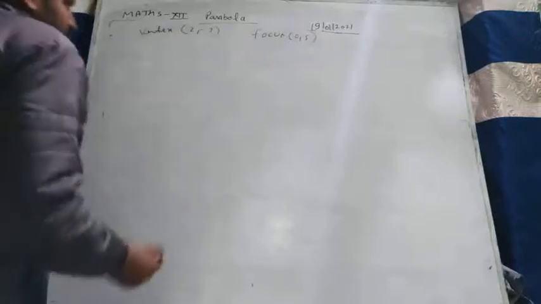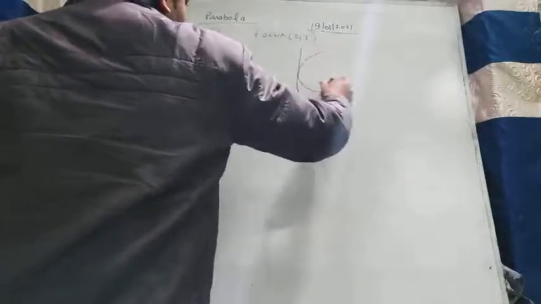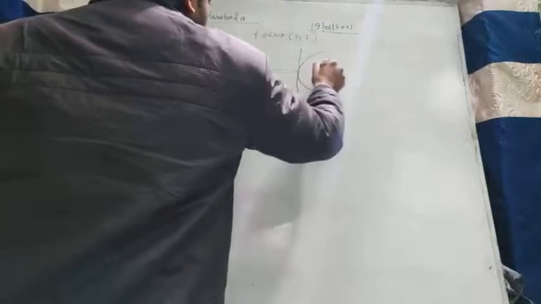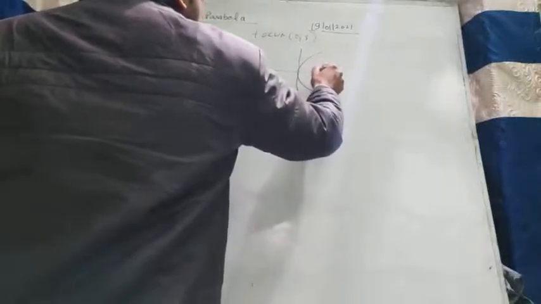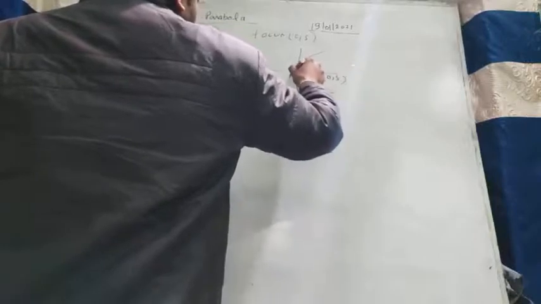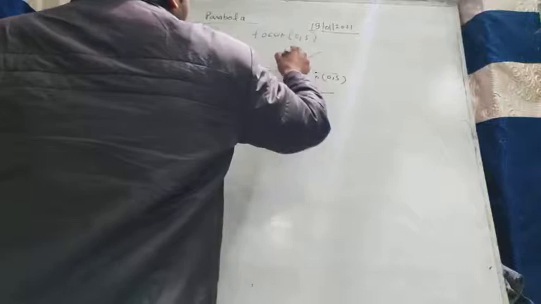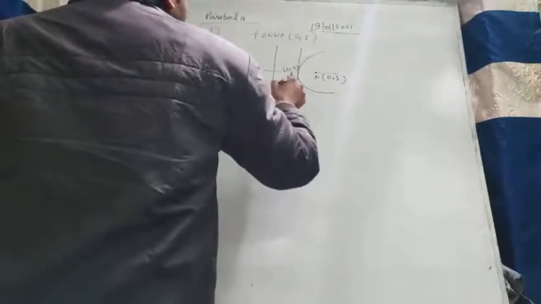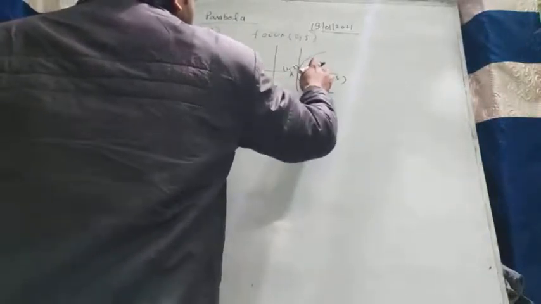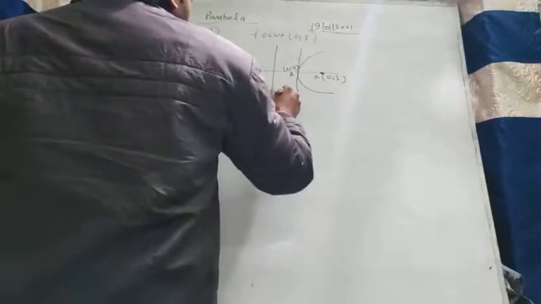Okay, student. So student, we are making a small parabola like this, where focus is 0, 5 and vertex A is given, which is 2, minus 3, and this is our directrix. Okay, student.